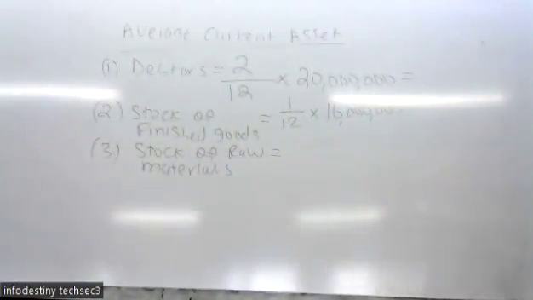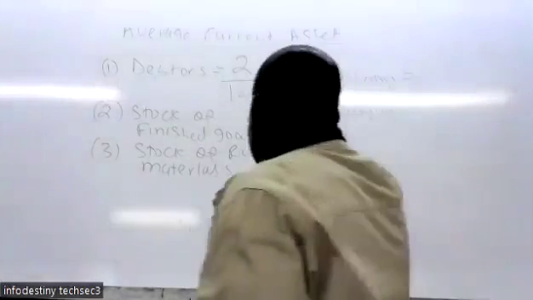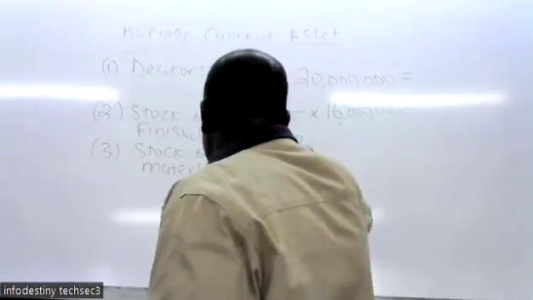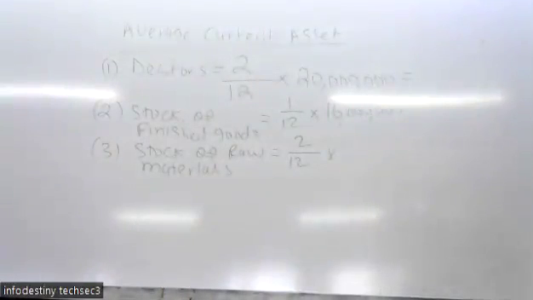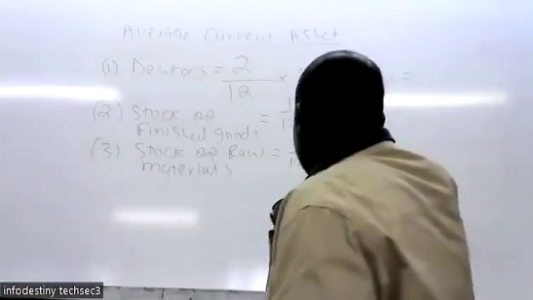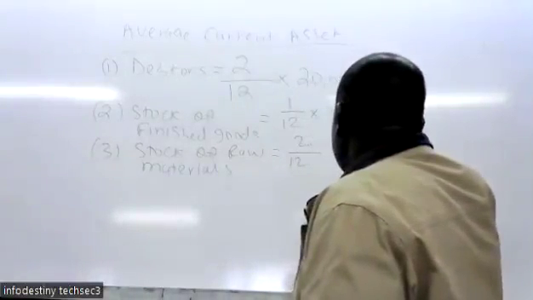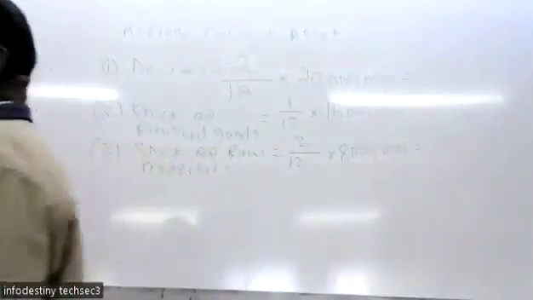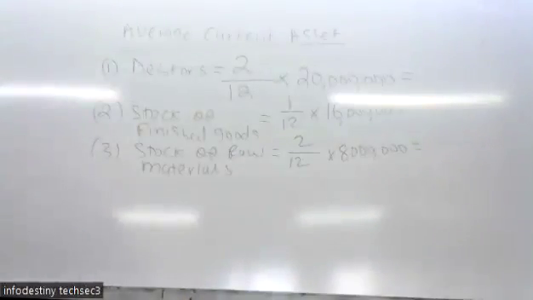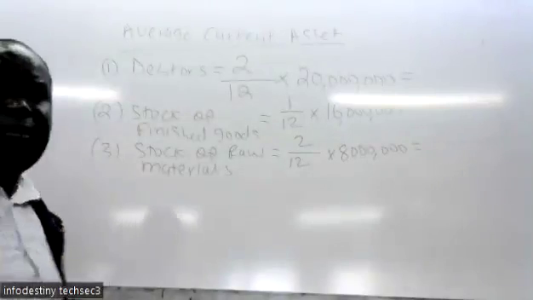Note 1, past experience indicates that raw materials are held in stock on an average of how long? So get 2 divided by 12, multiplied by 8 millions. That should give you the stock for the raw materials.